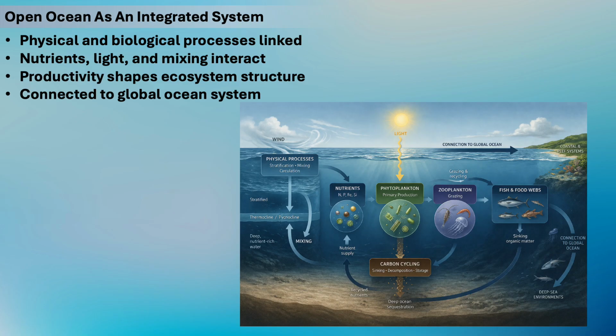The biological responses we see, plankton size, food web structure, carbon export, they're all direct consequences of how these constraints interact. The systems perspective is essential as we move into the deep ocean where energy is no longer produced locally but must be transported from the surface.